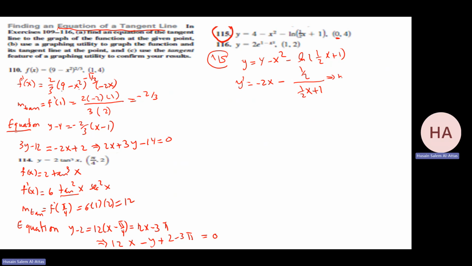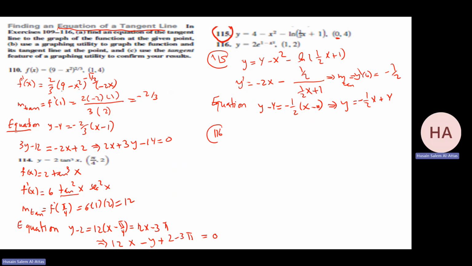So that implies m tangent is y prime at 0, which is 0 minus half. So the equation is y minus 4 equals minus half times x minus 0. That implies y equals minus half x plus 4. Okay.